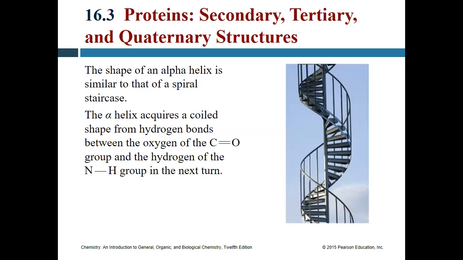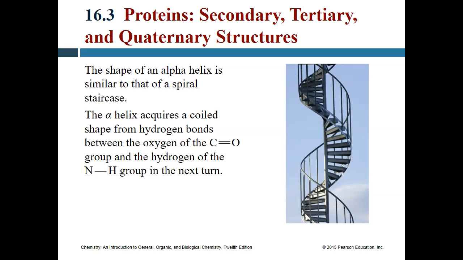The last thing that we're going to get into today is the idea that proteins are more than just a list of amino acids. So how do I reconcile this idea of going from just a list of amino acids to what that protein might actually look like?